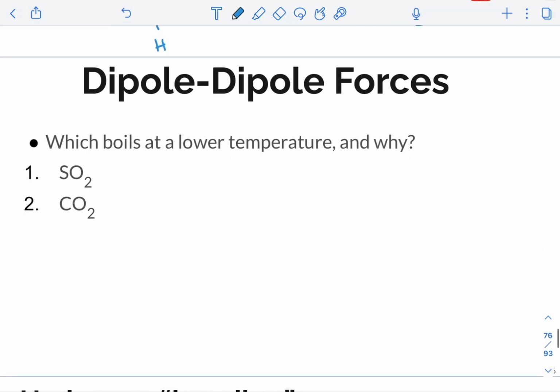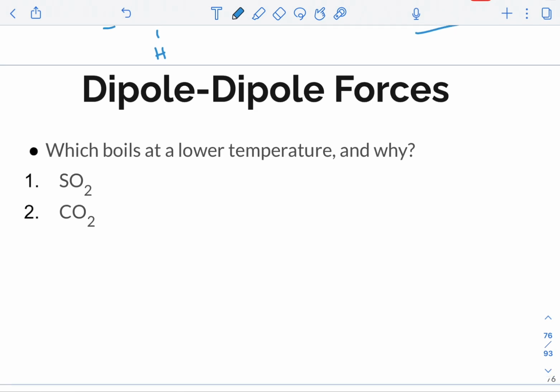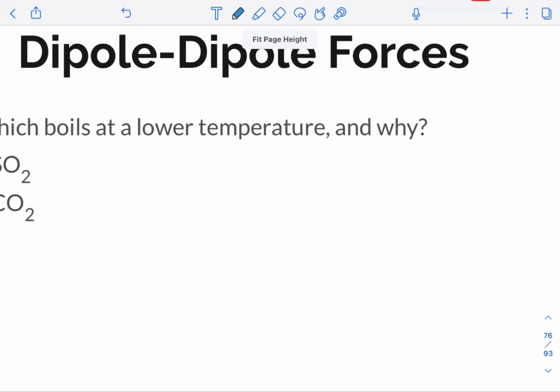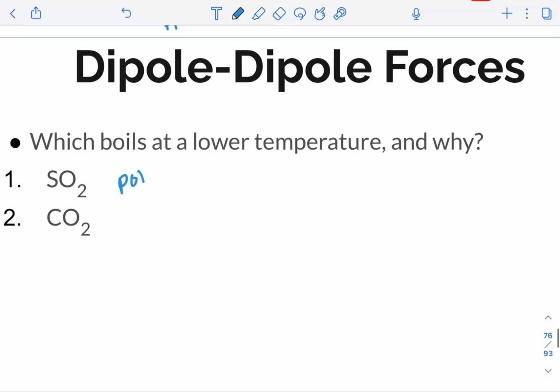So now that we've talked about polarity, let's go on to dipole-dipole forces. Dipole-dipole forces happen whenever something is polar. So we just said this one is polar, and this one is nonpolar, because this is bent, and this is linear.